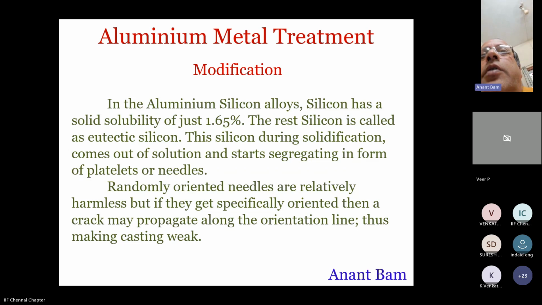That silicon during solidification comes out of solution and starts segregating in the form of platelets or needles. Just imagine a pile of wafers. If you take a section, you find a sharp line like a needle, but from a top view it appears like a platelet. If these platelets or needles are randomly distributed, they are harmless.